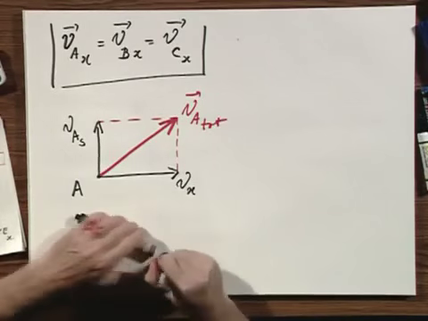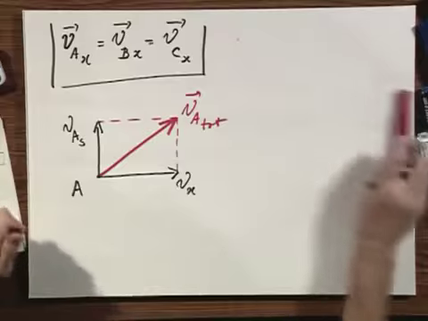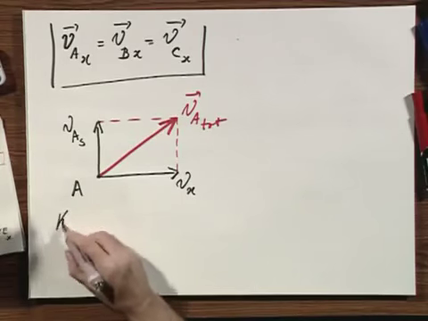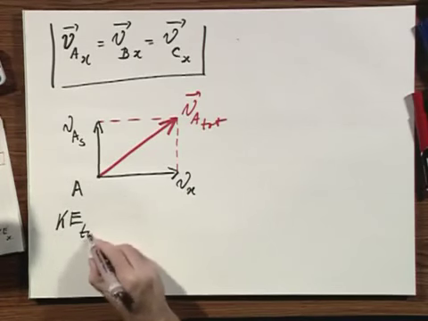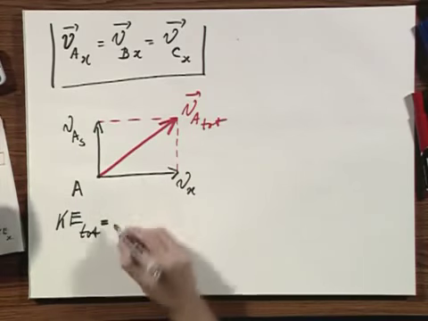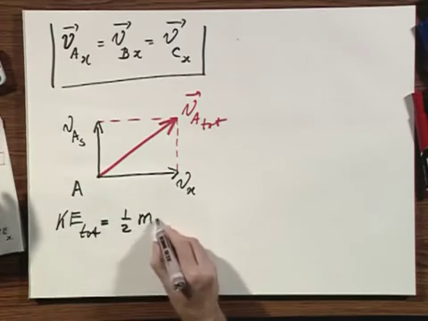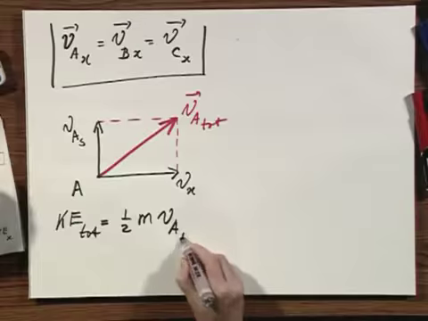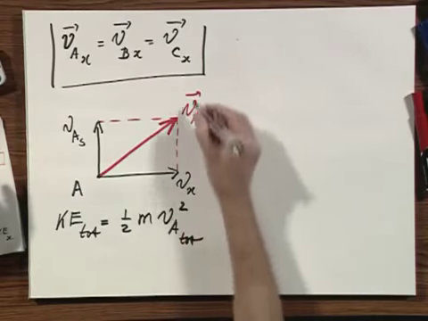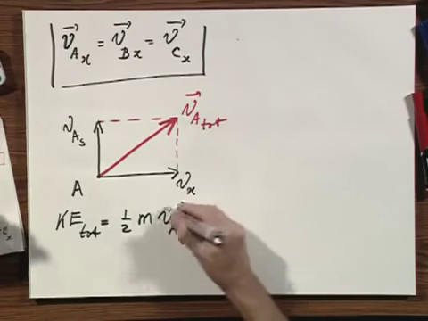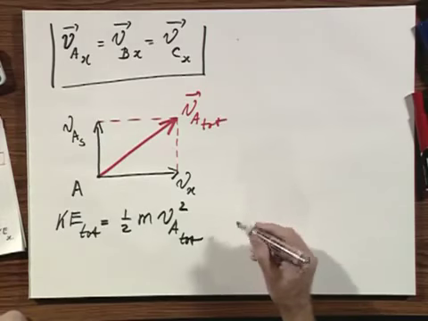And so if we want to know what the kinetic energy total is of A, kinetic energy of A total, that is 1/2 m times V of A total squared. I don't need the arrow because this is a scalar, V A squared.